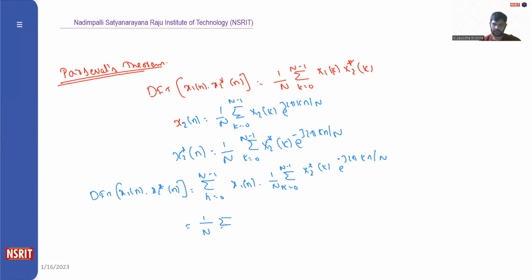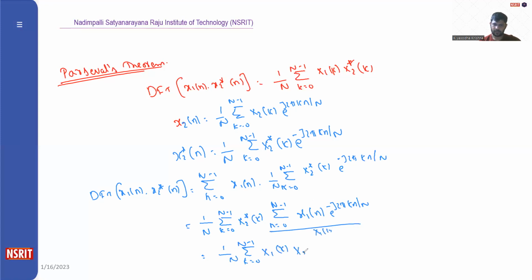1 by n summation k equal to 0 to n minus 1 x2 star of k, summation n equal to 0 to n minus 1 x1 of n e to the power of minus j 2 pi k n by n. Simply 1 by n summation k equal to 0 to n minus 1, it is simply x1 of k and x2 star of k.